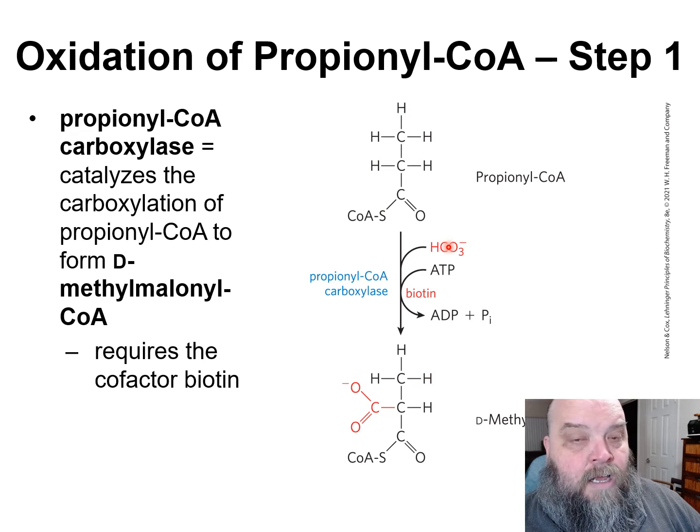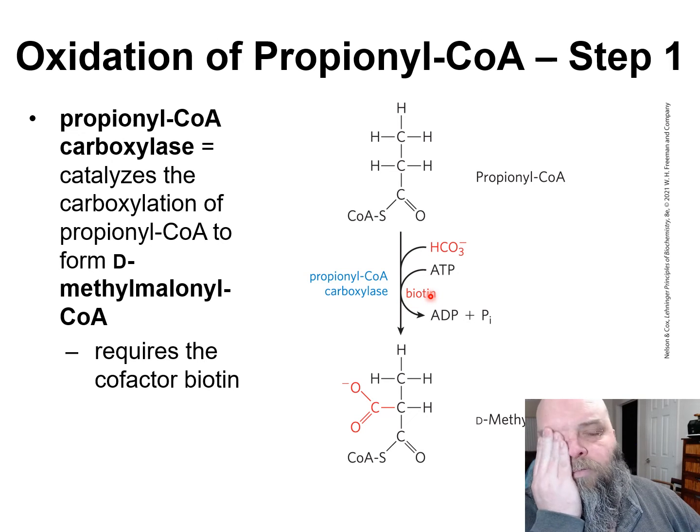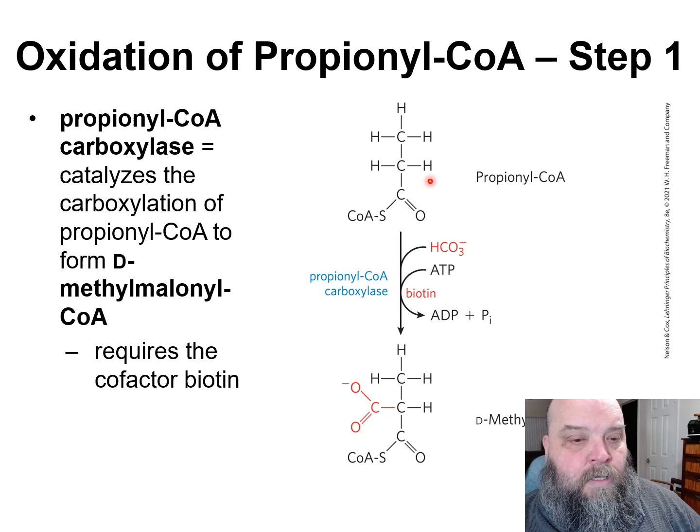You're going to add in a carbonate. Remember, you're going to use that biotin in the B12. Oh, I can't remember. I don't want to say B12, but that doesn't sound right. The coenzyme with the biotin molecule is going to act as a holder, hold the propionyl in place, hold the carbonate in place so they can interact.